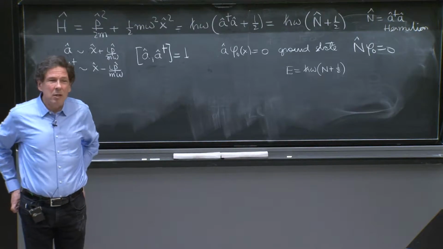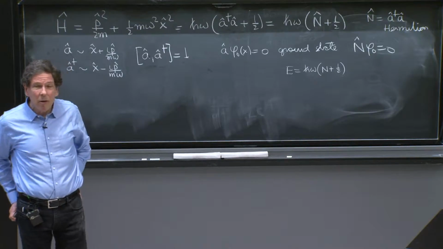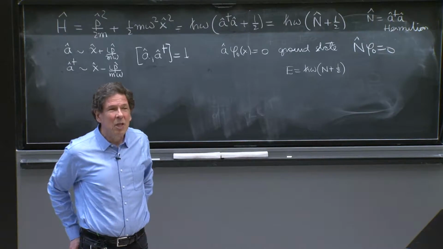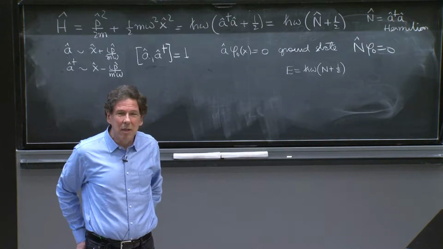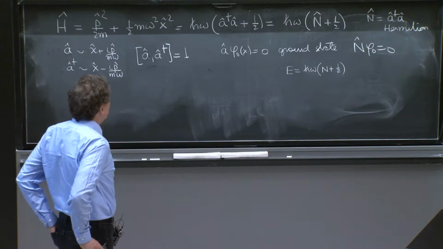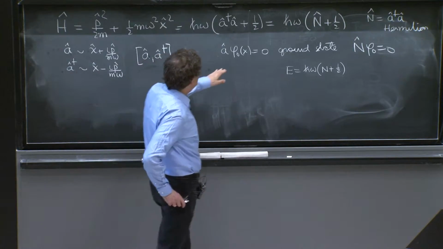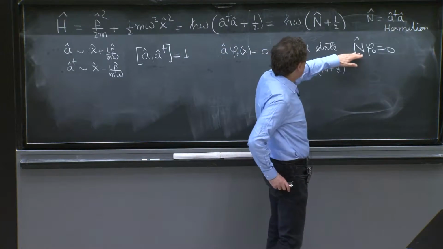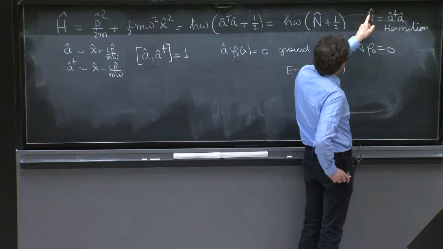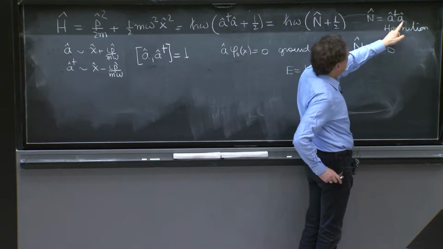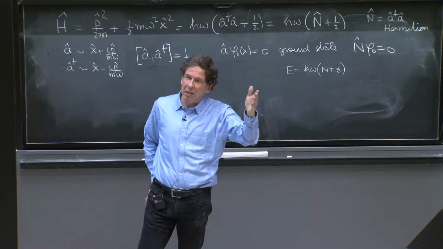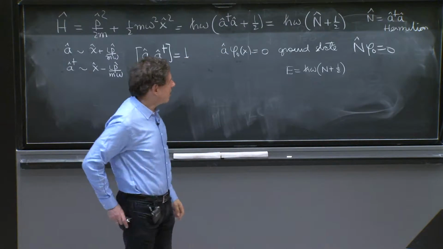And it's a bound state, and of course you wouldn't expect more than one ground state because there are no degeneracies in the bound state spectrum of a one-dimensional potential. So we found one ground state was phi 0, and it's killed by A, which means that it's killed by N hat, because A is to the right in N hat, so the A finds phi 0 and just kills it.